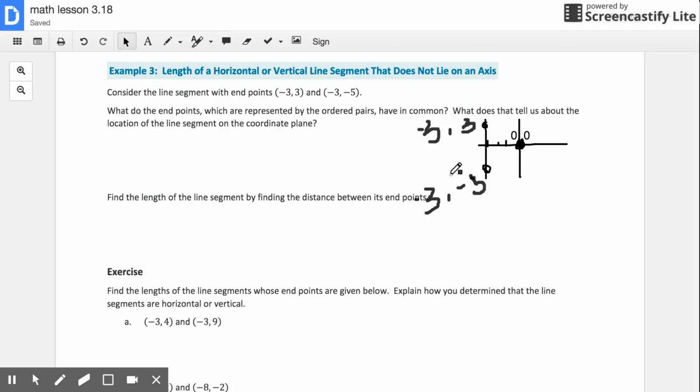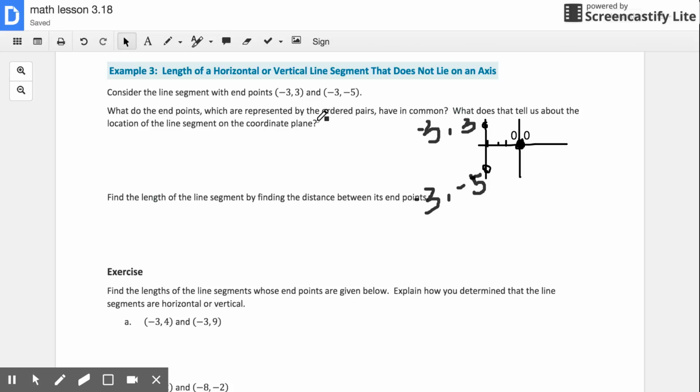Let's fix that, 3 and 5. So we need to know how far it is. Think of it like a vertical number line like we've done in the past. Only in the past, it would maybe measure temperature or distance from sea level, elevation. So we want to know how many units it is from -5 to 0, and then from 0 to 3.